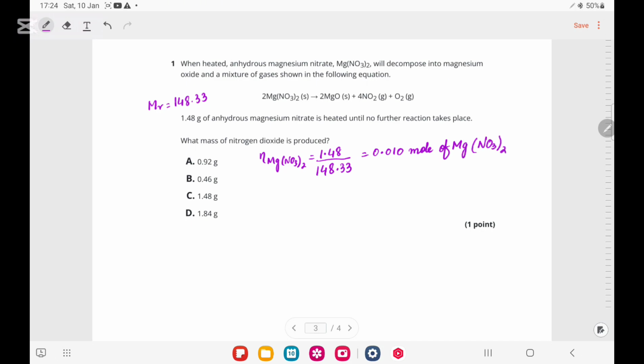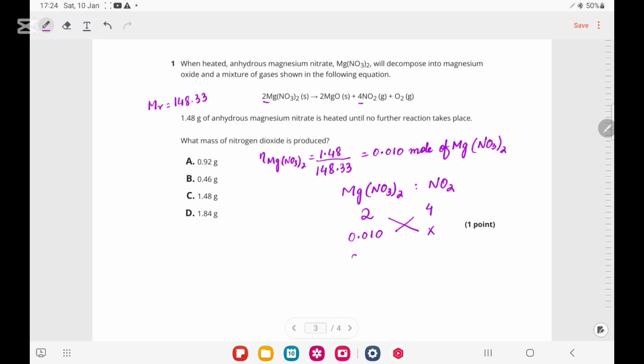Then what happens? Magnesium nitrate you are going to keep on the left hand side, and NO2 you are going to keep on the right hand side. From the equation there are 2 mole of magnesium nitrate and 4 moles of NO2, and you are given the mole of magnesium nitrate, that is 0.010, and it is going to be x.